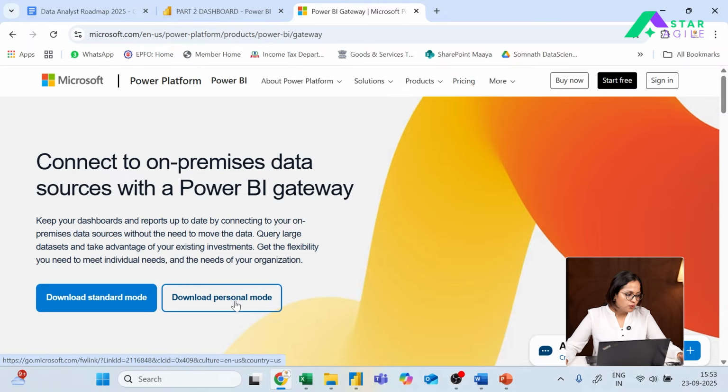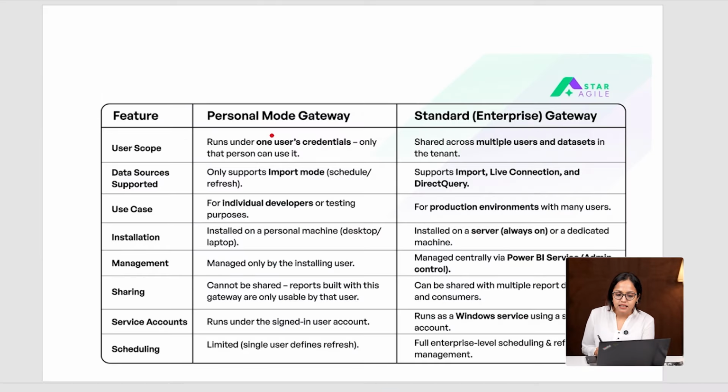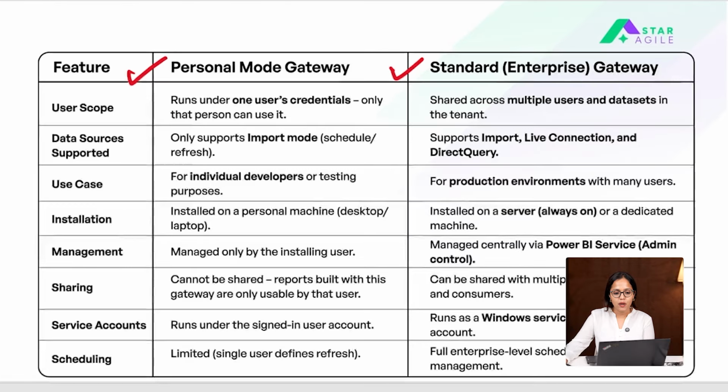Now you need to know the difference between the standard and the personal mode, okay? So let us first try to understand what this exactly means. It depends upon the scope, guys. Try to understand that the scope of the personal mode is that it runs on one user's credential. Right now I have signed in, right? So that's the one user credential, okay? But your standard mode can be accessed by multiple users.